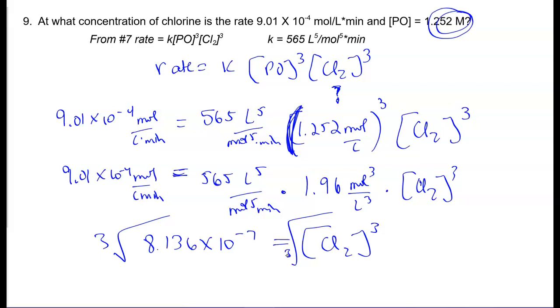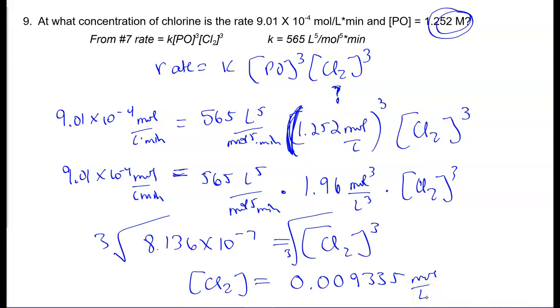When we take the cube root of both sides, we get Cl2 in square brackets equals, without putting in standard notation, 0.009335, and our unit will be moles over liter. So that's the final numeric answer.